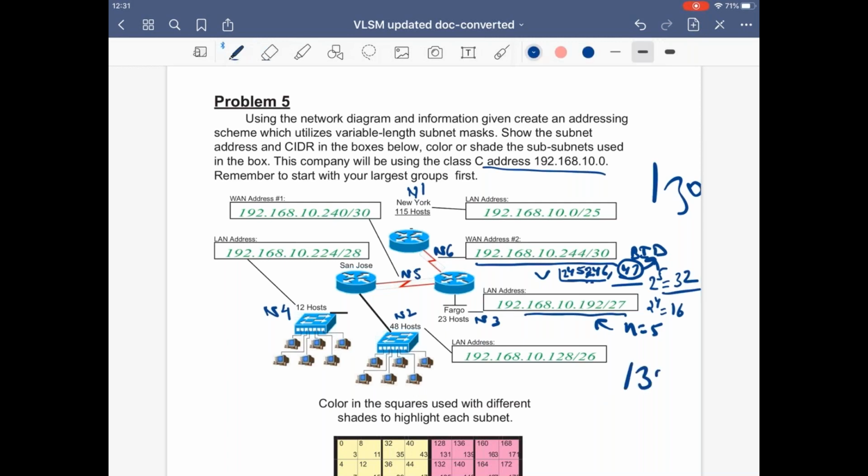See, if we talk about this /30 and 192.168.10.224, the hosts 225, 226, 227 are network 5. And 10.245, 246, 247 is network 6.